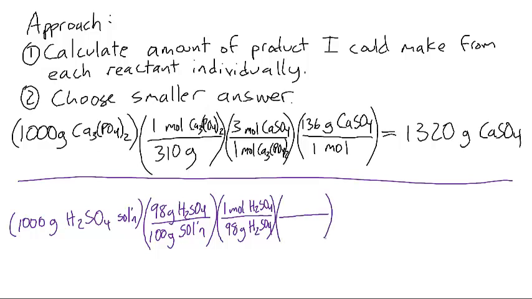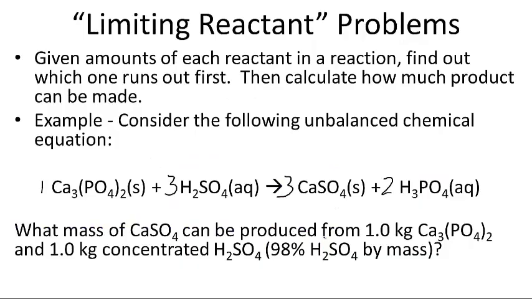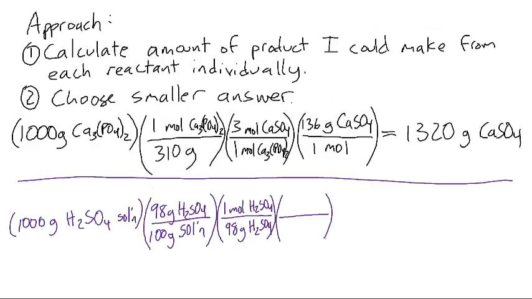My ratio from the equation is that there's 3 moles of CaSO4 for 3 moles of H2SO4. So I have a 3-to-3 ratio. And the last step's going to look the same, 136 grams of calcium sulfate for every 1 mole.